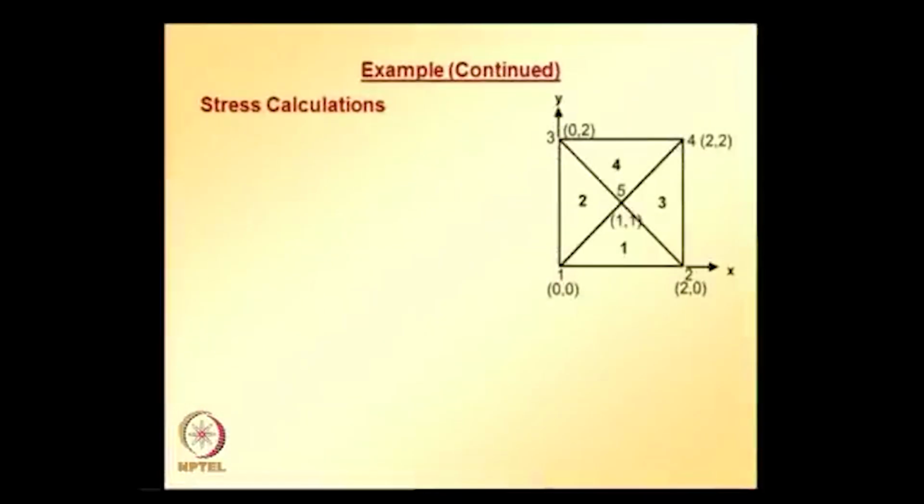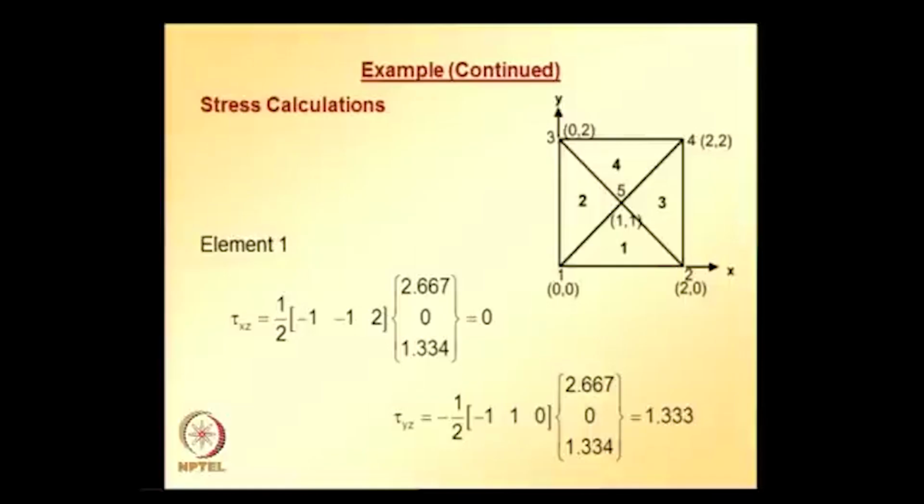So, stress calculations, element 1, substituting the derivatives of shape functions and the nodal values corresponding to element 1, we get shear stress component tau x z as 0 and tau y z as 1.333.